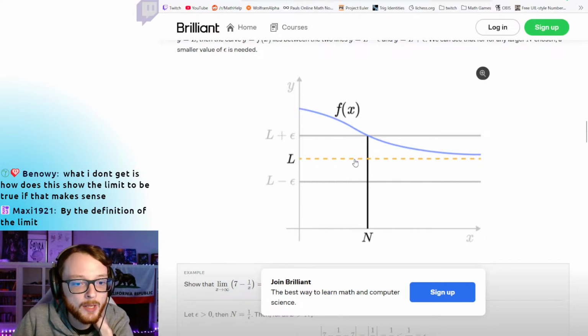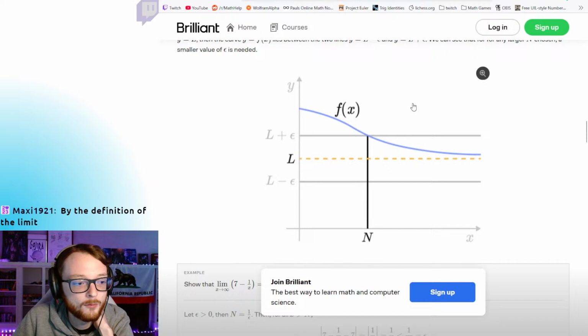So they give you an epsilon that is basically saying the function is allowed to be like the limit plus or minus epsilon away. And you have to be able to name an x value where that happens for every value of x after that.